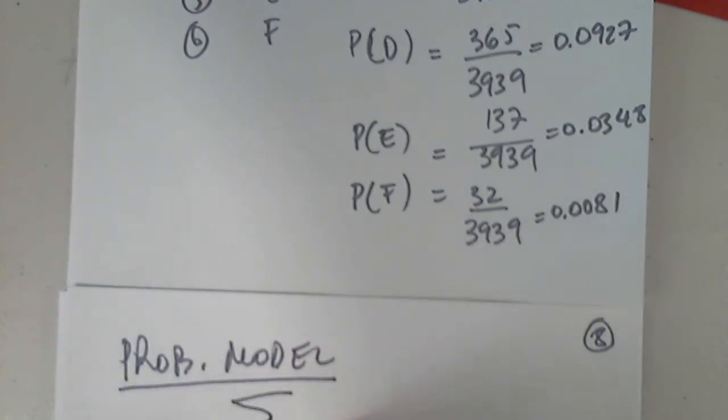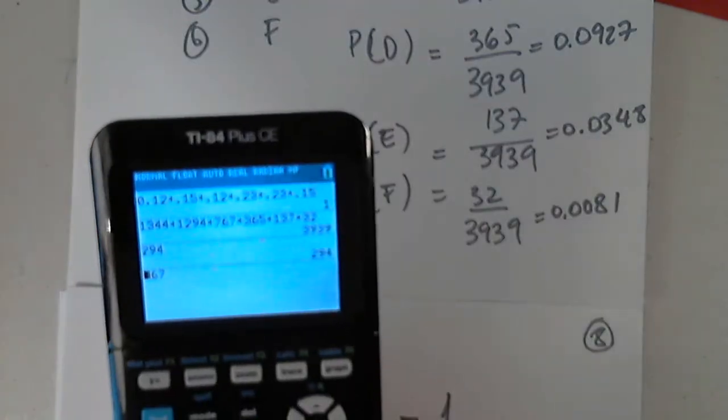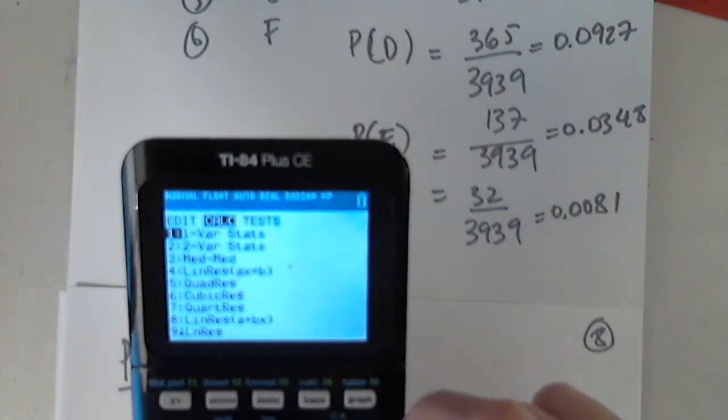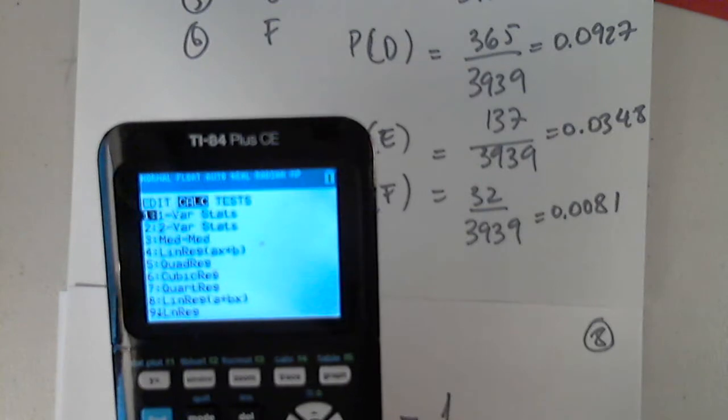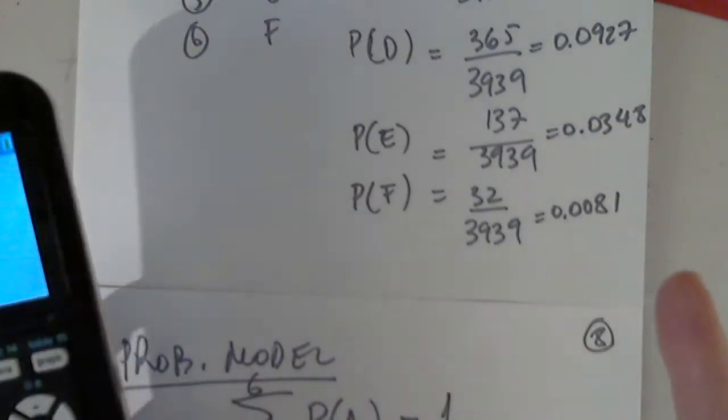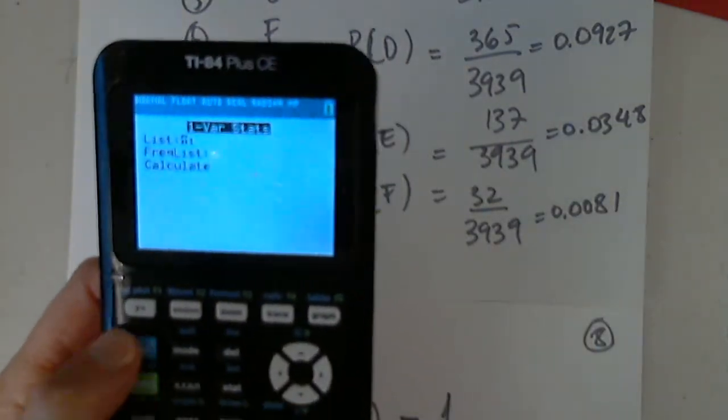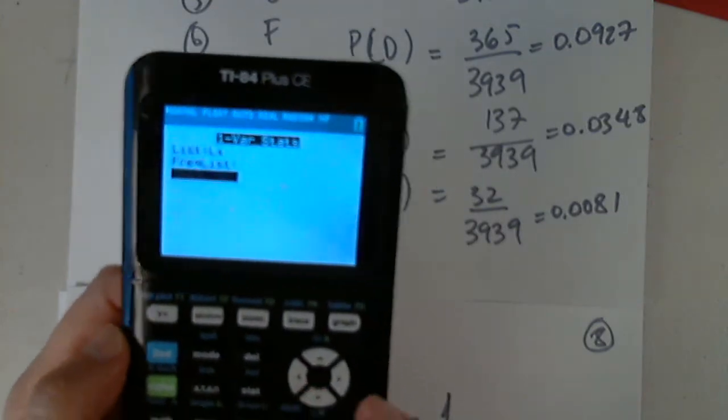The sum of all probabilities for each event from i equals 1 through 6, because that's what we have, must equal 1. And I'm hoping that they equal 1. Will I do it by hand? No. I'm going to go to Stats. I'm going to calculate. Go to Calculations, one variable, on list L6.